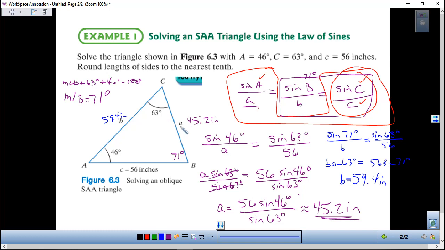Now, one way that you can use an idea that you should know from geometry, I'm going to refresh your memory on it. What do we know about the longest side in a triangle? Well, it's always going to be opposite the largest angle. If you get a situation where this one right here was less than this one, you would know you've done something wrong.